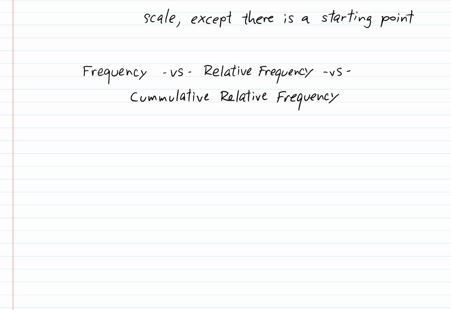Okay, so when you're collecting data, the frequency of a certain data point is how many times that data point comes up. Let me write that down. The frequency of a data point. We're going to do an example of all 3 of these, and it'll seem pretty straightforward once you actually see it written out.